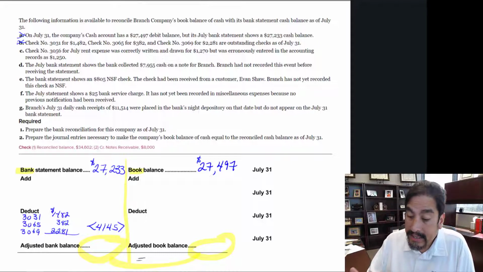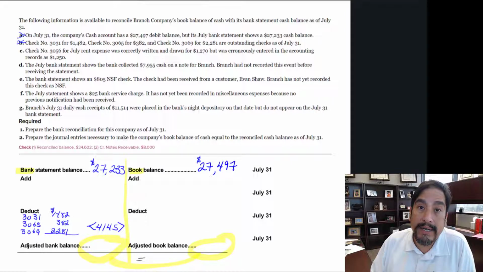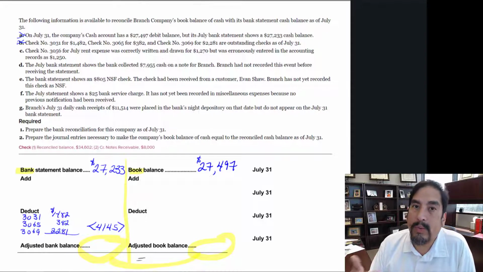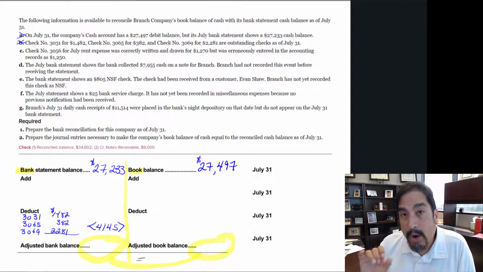As we're going to see when we move through the rest of this problem, all of the other things we're going to encounter have a specific quadrant that they always go into. So once you understand what it is that we're dealing with, like in B, outstanding checks, then you know what quadrant it goes into. Errors don't work that way, so we kind of have to think our way through to figure out which quadrant it goes in.